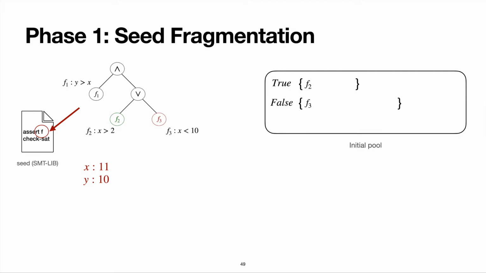Subformula f2 or f3 is also true, and we also copy it to the true set. Formula f1 is false because y is not greater than x, and we copy it to the false set. And finally, formula f is false and hence is copied to the false set.